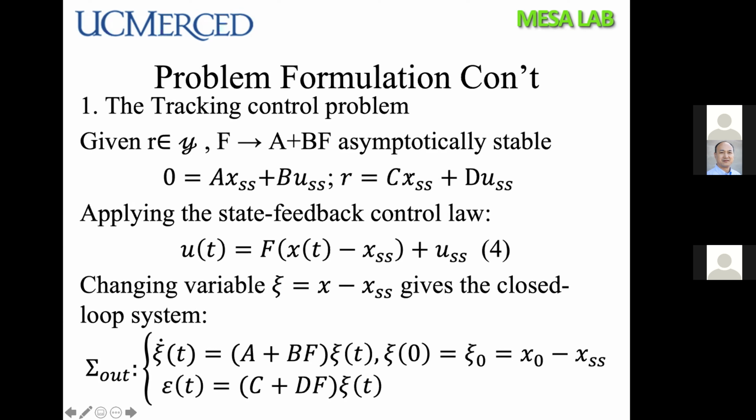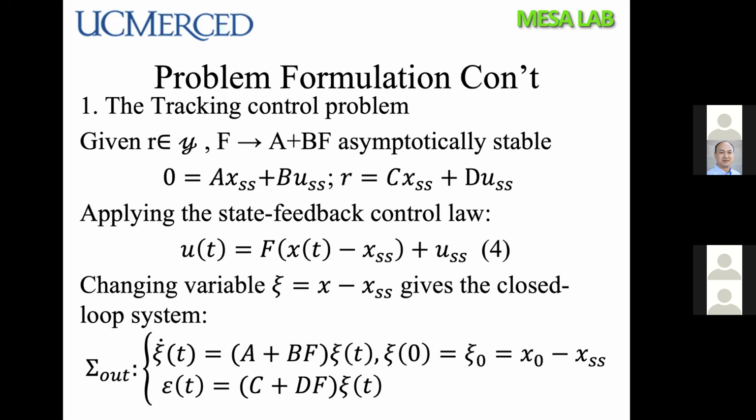Such a pair of vectors, x_ss belonging to X and u_ss belonging to U, exists under these conditions. First, right invertibility ensures the system matrix, the Rosenbrock matrix, which I will introduce later, is full row rank, and the values lambda for which this Rosenbrock matrix loses rank are the invariant zeros of sigma. The second is that in the continuous case, the absence of invariant zeros at the origin guarantees that the Rosenbrock matrix is full row rank.